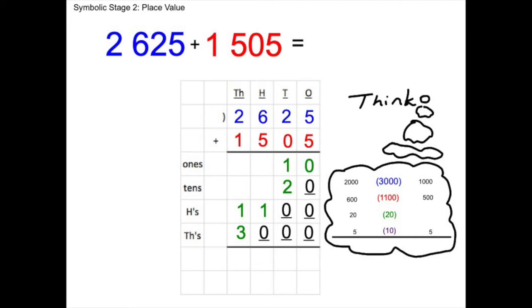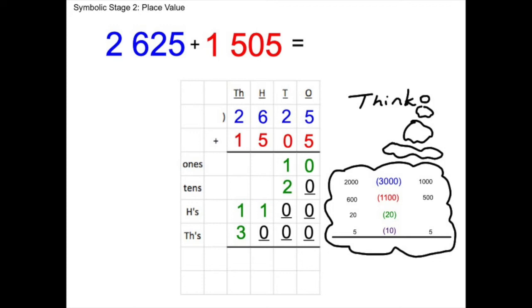So my hundreds is going to be 11 hundreds. So hundreds will have 0 in the ones place, 0 in the tens place, and then I'll have 11, which leaves that first 1 under the hundreds, and I'll have to put that other 1 underneath the thousands. Finally, I'll be adding 2,000 plus 1,000, and that will leave me with 3,000 in that bottom row as well.